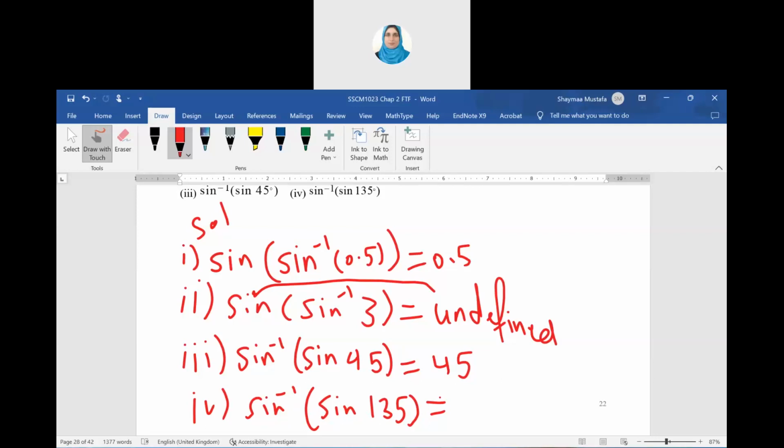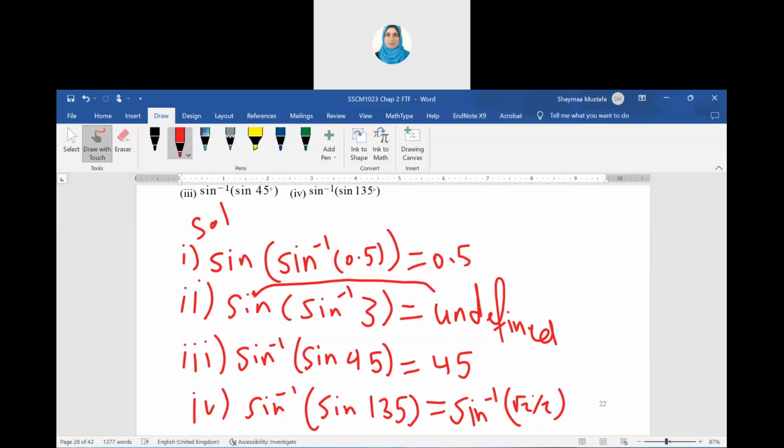So here sine inverse sine 135 is equal to sine inverse, okay, the sine of 135 equal to square root of 2 over 2, right? I need to find the sine inverse for this value, square root of 2 over 2.